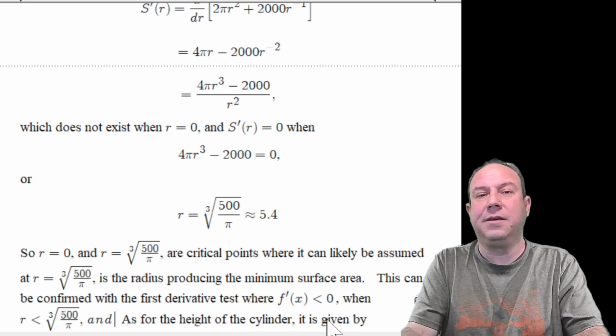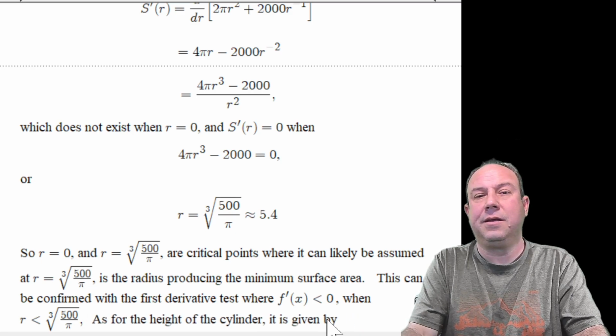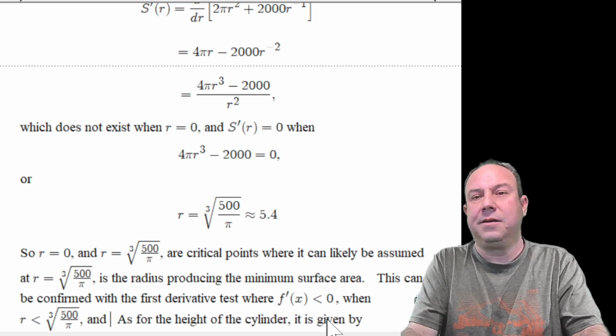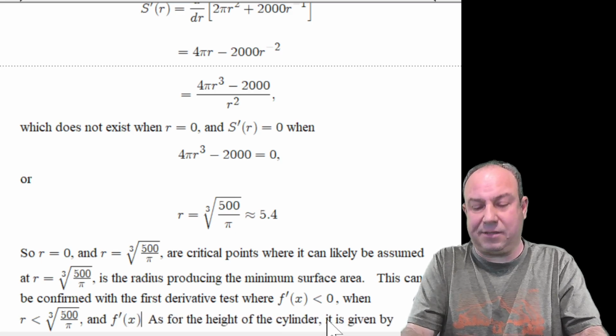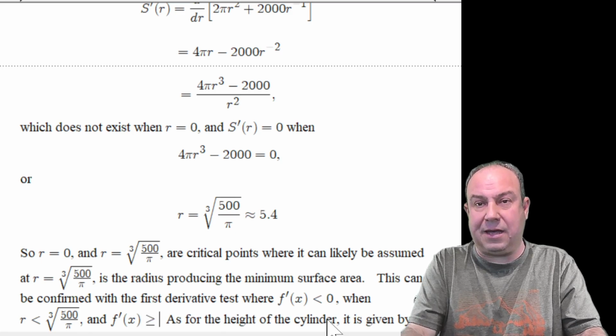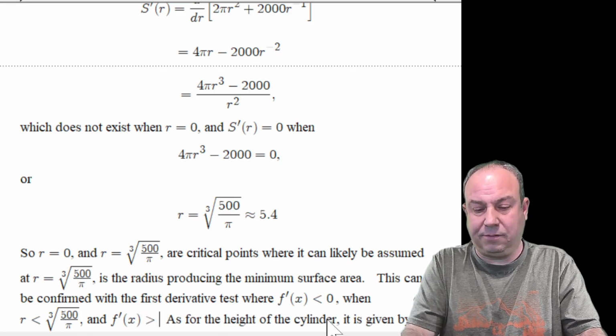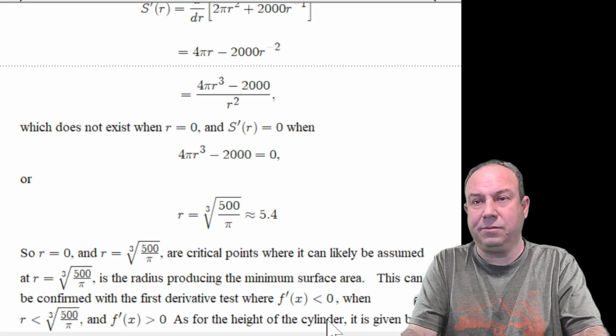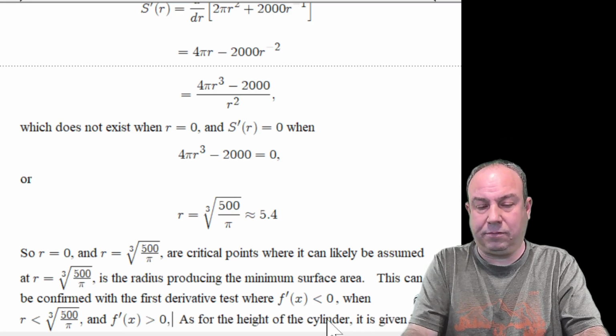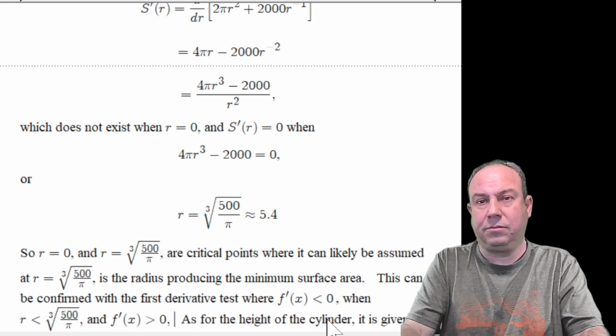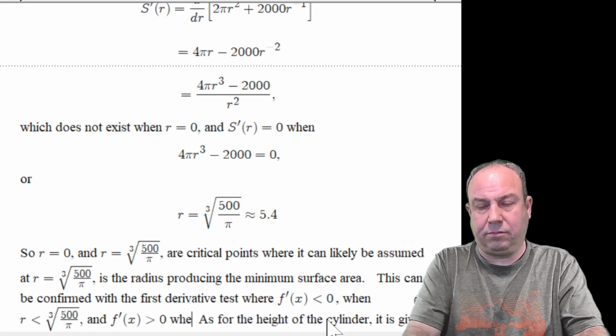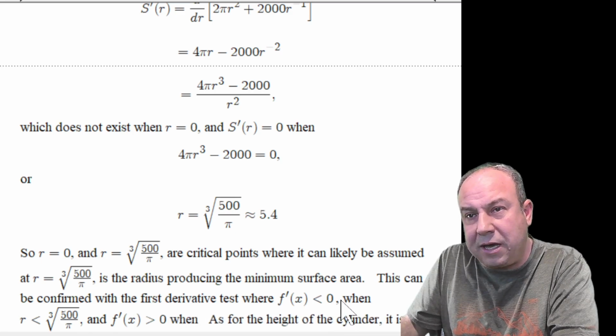And f prime of x is greater than 0, right, when we see the following behavior.